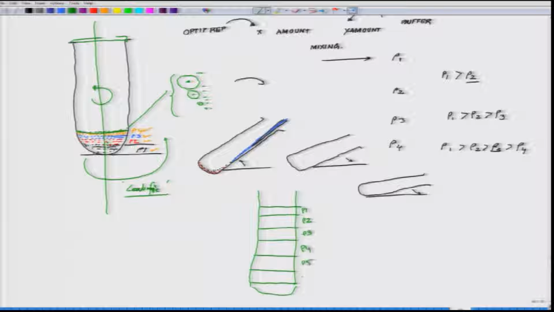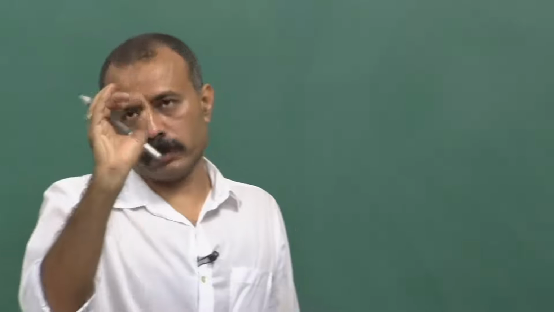The cells of different densities are going to settle down where they find their matching density. If you really master this technique, depending on the size or volume of the cell, you can separate out the cells.